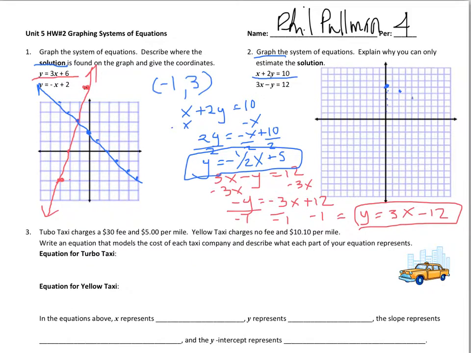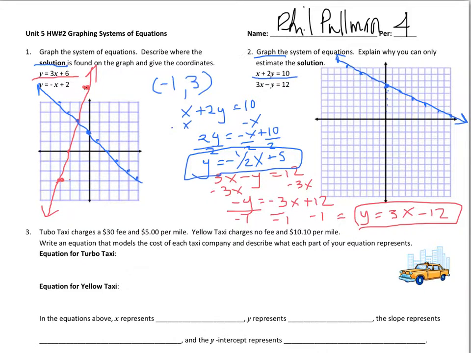Down 1 over 2. Here we go. That's our first line.